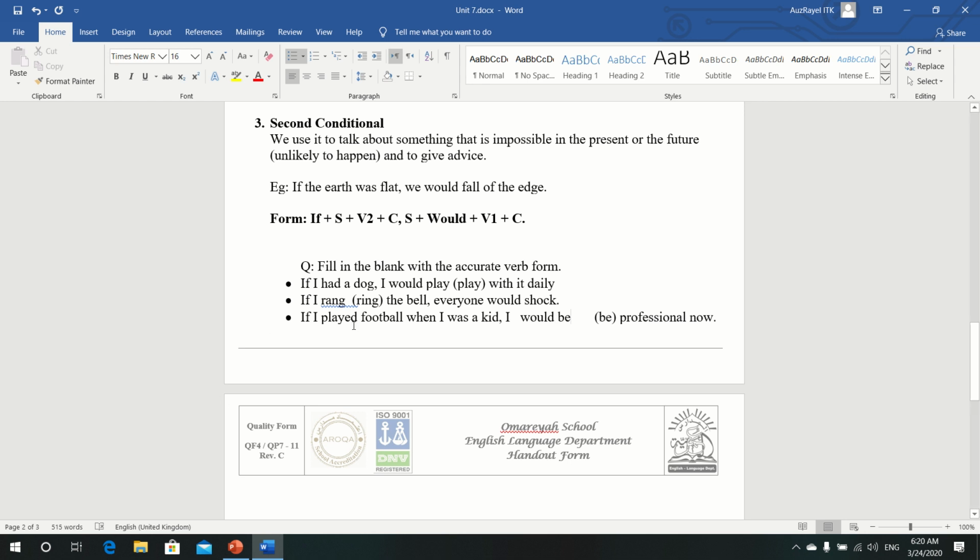Because we had here the verb 2 of the verb play, so we understand that this is the second conditional, because the second conditional has verb 2, and the second part of the second conditional shall be would plus verb 1. Do you understand this point? Okay, so the sentence will be, if I played football when I was a kid, I would be professional now.